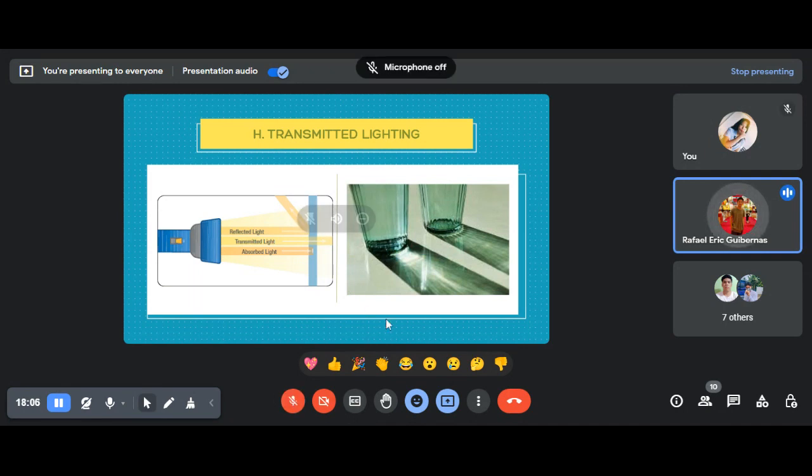So, transmitted lighting is produced by the light shining through the subject and towards the camera and imaging surface. For this type of setup, light shines from behind the object, passes through it, and is received by the eye or a camera. For example, the tinted glass of a car.